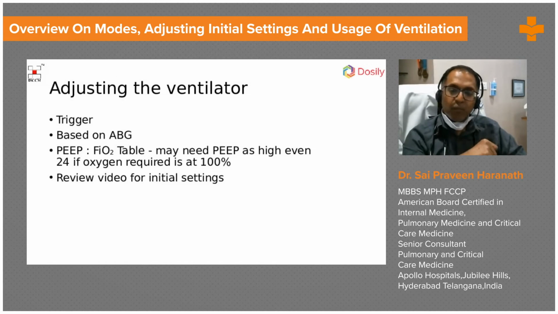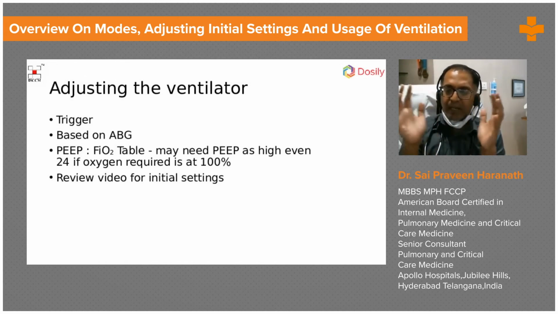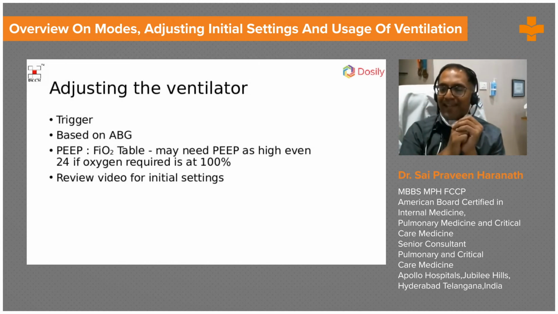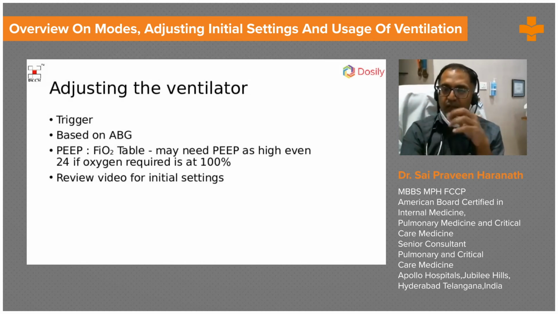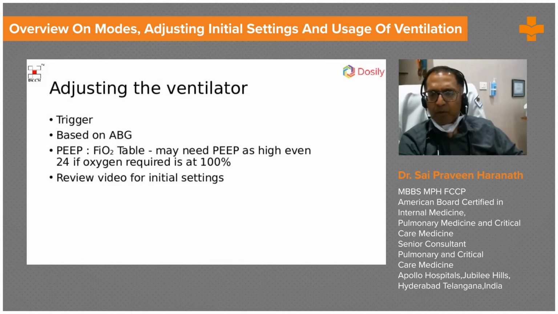There's also a concept of volutrauma where the lung is expanded too much and that can cause damage. There's also another concept called atelectotrauma where the lung opens, closes, opens, closes, and they've seen electron microscopically that there are cuts in the lung which happen because of this. So these concepts are also very important when you're ventilating somebody with ARDS.